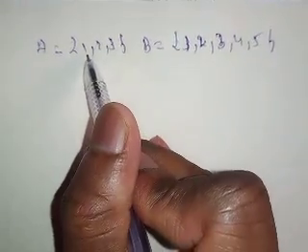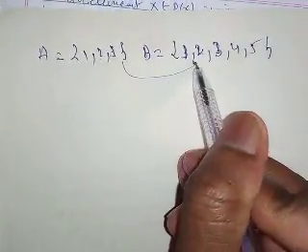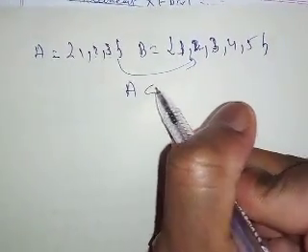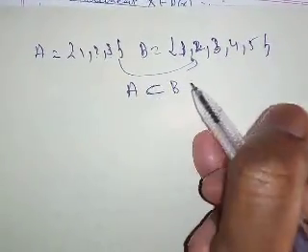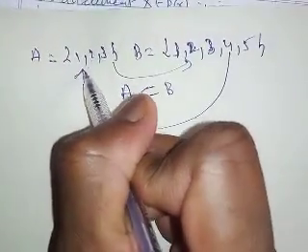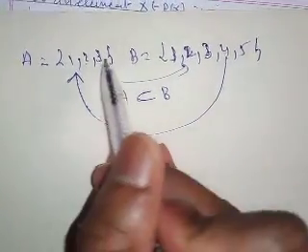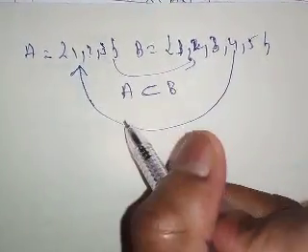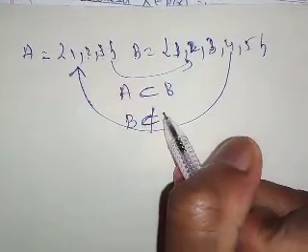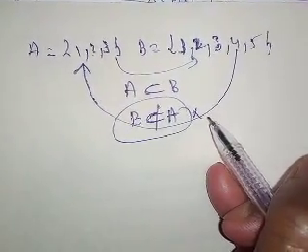All elements of A, 1, 2, 3, are present in B, therefore A is a subset of B. But are all elements of B present in A? No. Here 4 and 5 are not present in A, so we cannot say B is a subset of A, and therefore it is not symmetric.